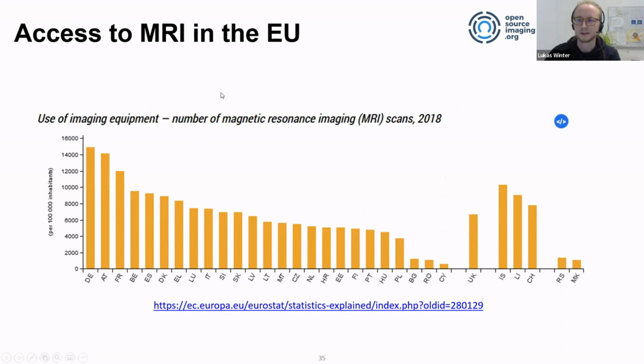Okay, access to MRI in the European Union is very different. Yeah, so I had recently some issue. I had to wait 1 month for an MR scan. I'm in Germany, so we have the highest or one of the highest within Europe. So I don't know how long I would have needed to wait in a different European country. And then the question is, is it still on time to get this diagnostic information?